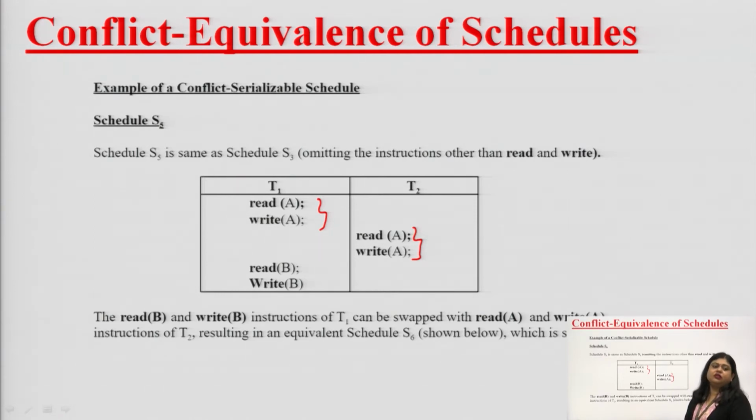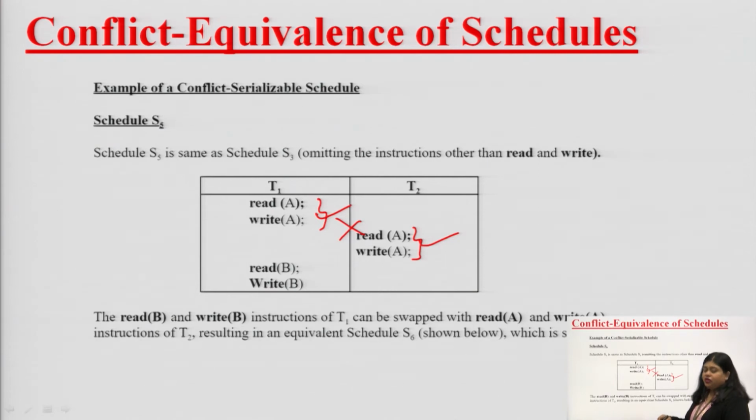No, they are conflicting instructions. Why? Because the same data item A is being used over here and over here, and both have a combination of read and write. So, they cannot be swapped.